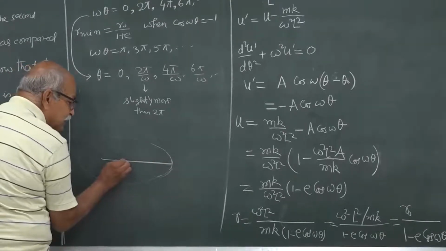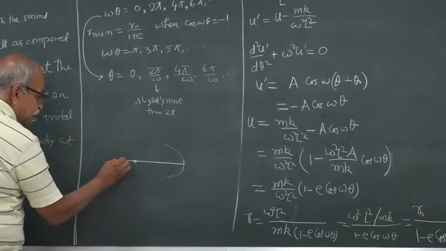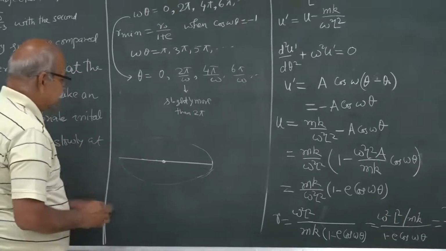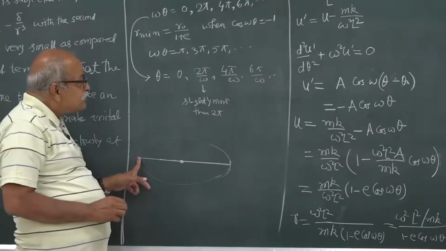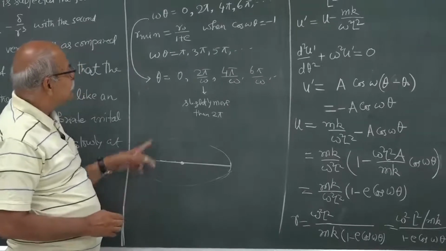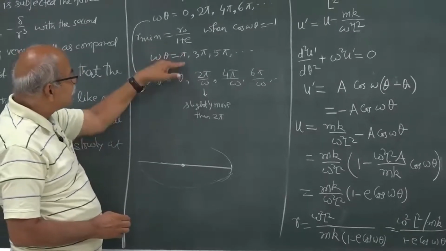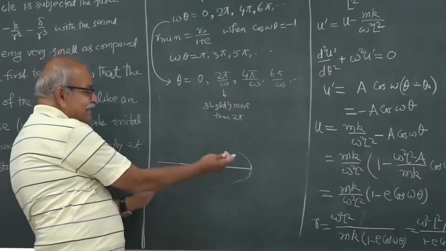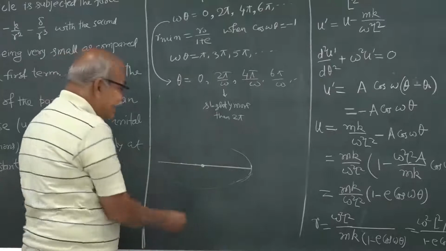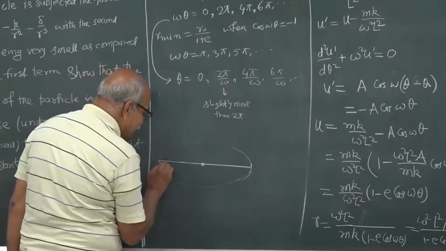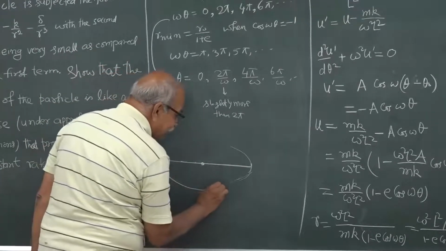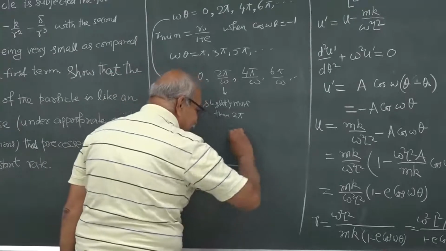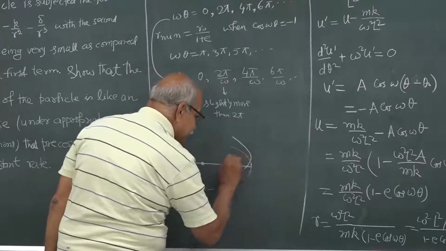Similarly, the minimum is not at theta equal to pi, it is at pi divided by omega, slightly more. So the minimum is not here, the minimum is here. So this major axis has tilted, and your path will be something of this kind. Here it is turning. This is that shift.